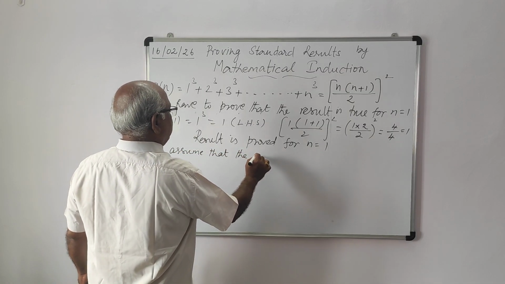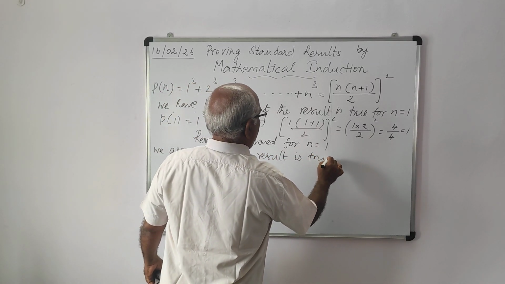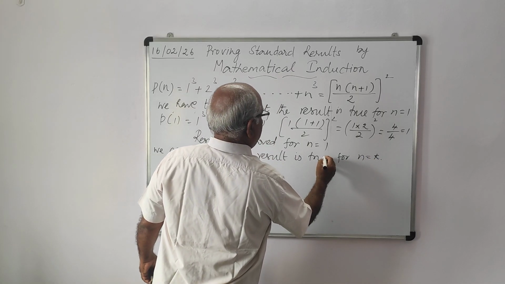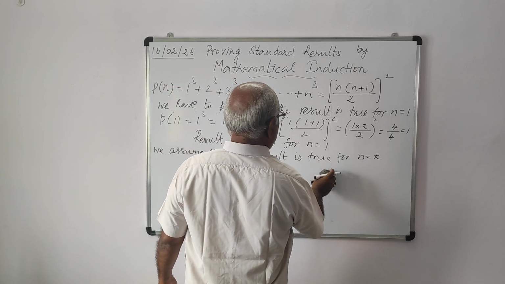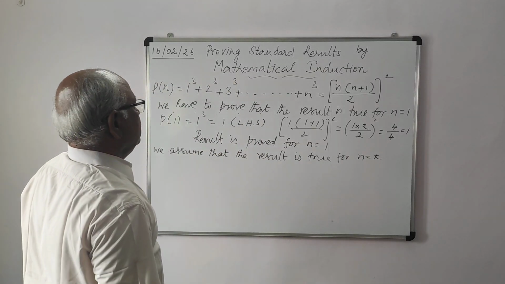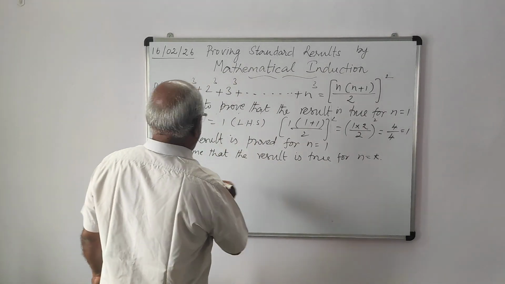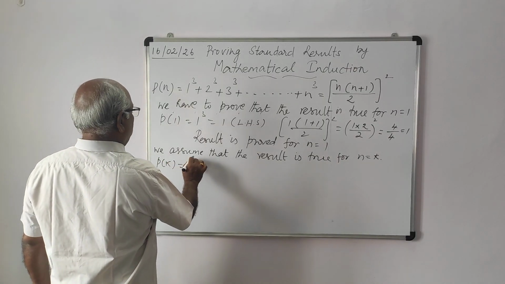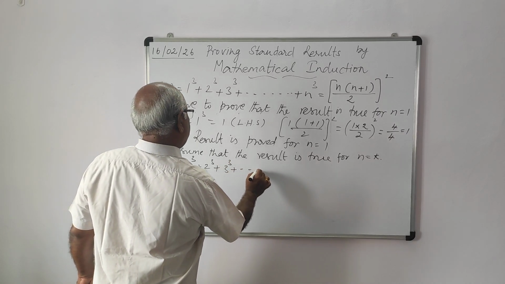We assume that the result is true for n equal to k, that is P of k, which is 1 cube plus 2 cube plus 3 cube, and so on.